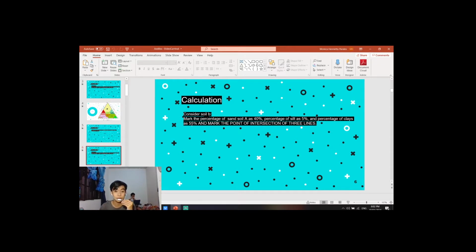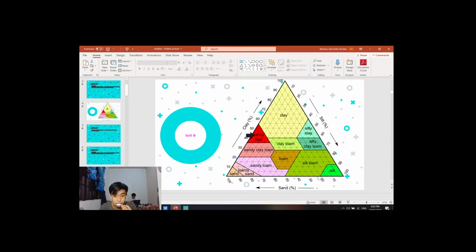So dito naman tayo sa B. Consider naman natin yung soil B. Yung sand sa soil B is nasa 55%, percentage of silt naman ay 5%, and ang percentage ng clay ay nasa 40%. So ito naman, 55% ng sand, which is dito banda. Then 5% ng silt.